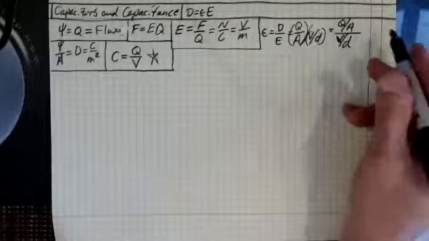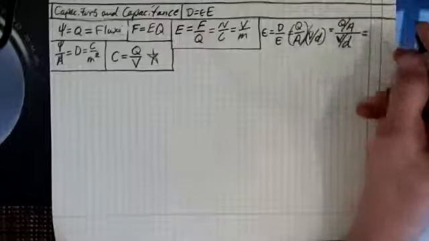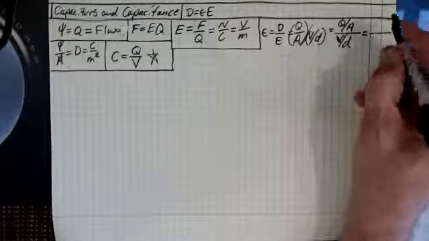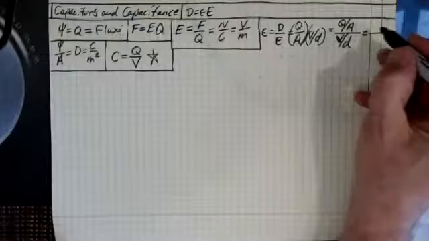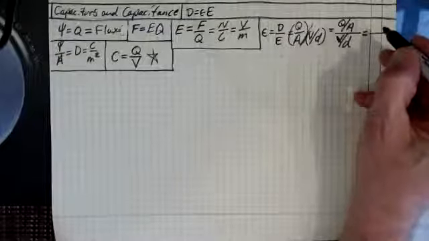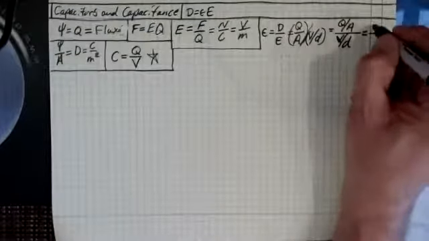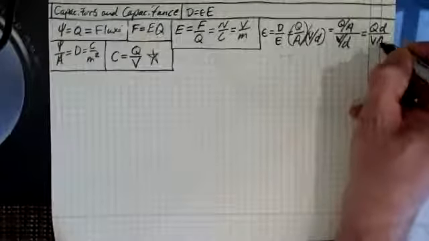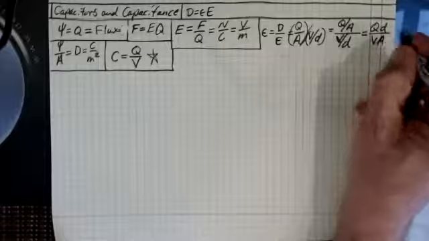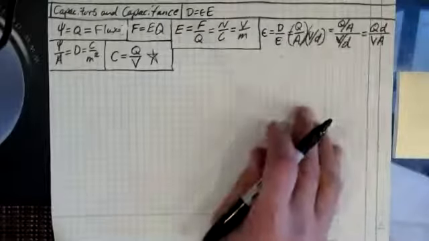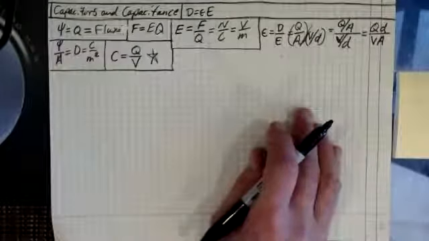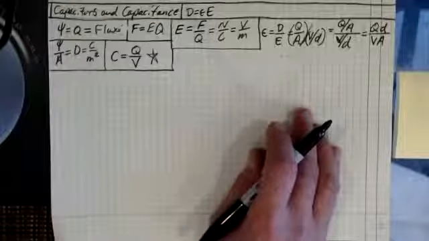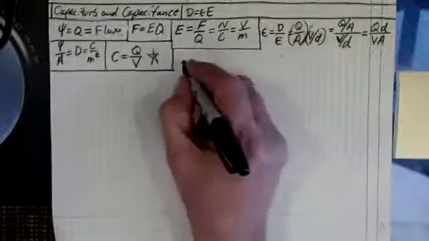Okay, so if we have that, then we can rationalize that fraction. And we can say that that fraction really is Qd over VA. Hey, you know, I see something in there, don't I? Let's go back down here.